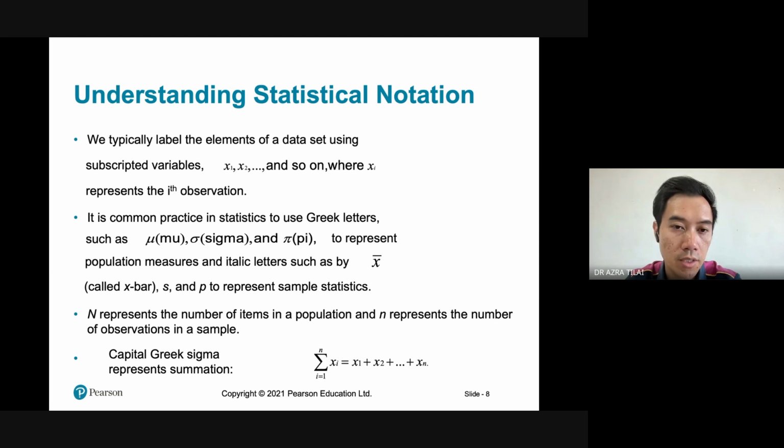So we have to understand the representation from the equation. An equation tells you what each of the variables represents.